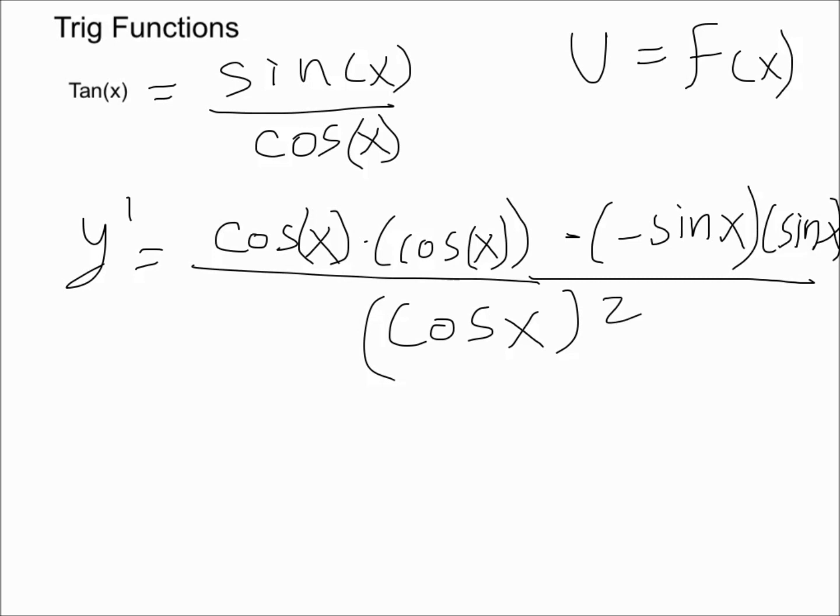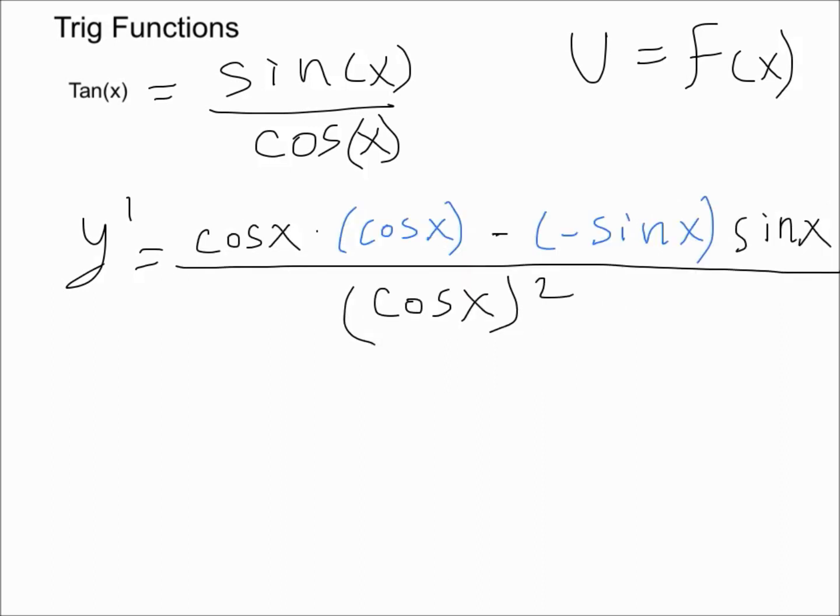And let me write it a little smaller so everything fits better. That looks better. So the blue colors are just the u prime and v prime, meaning they're the derivative of sine x and cosine x, just so you can see the difference.